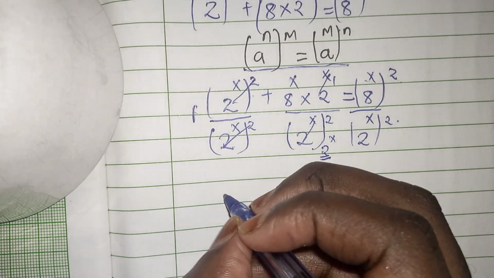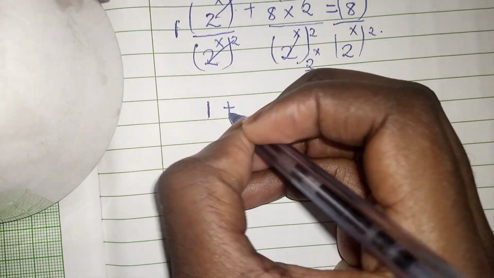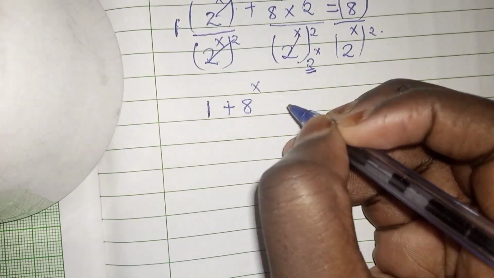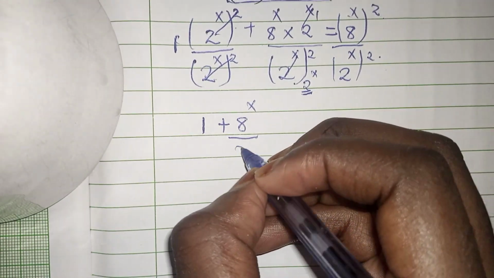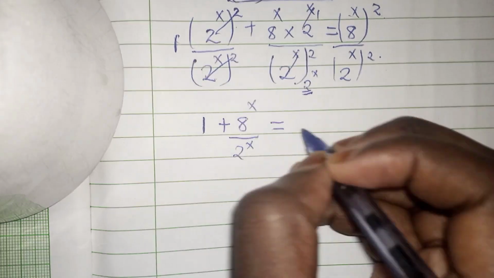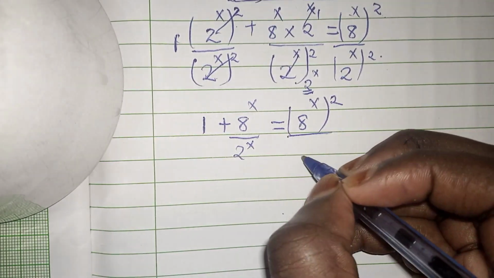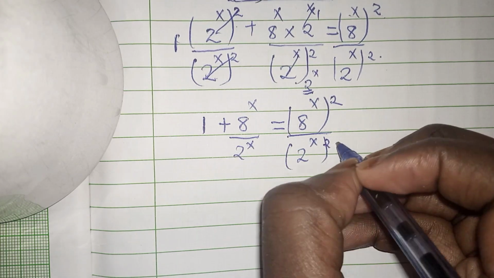So this will be 1 plus 8 to the power of x over 2 to the power of x is equals to 8 to the power of x, all this to the power of 2, divided by 2 to the power of x, all this to the power of 2.